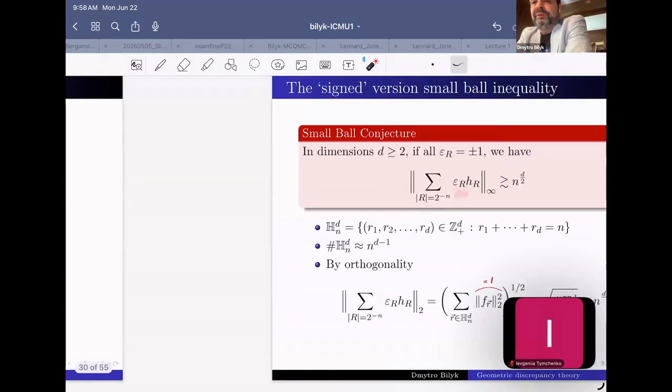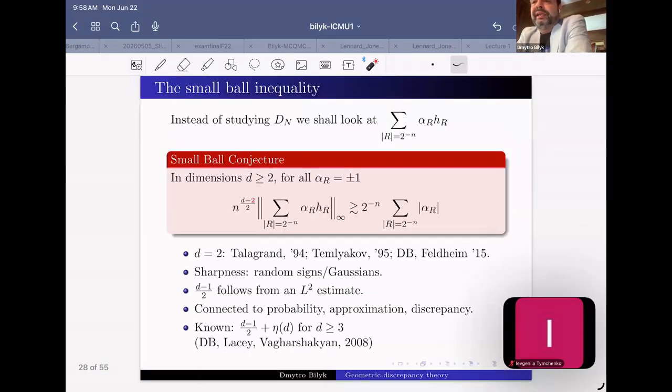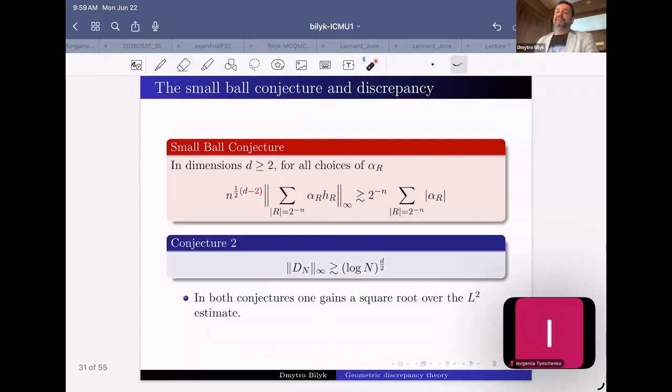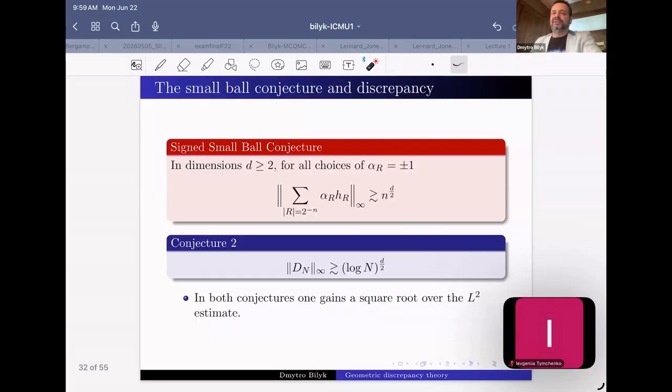Actually, if you take the original conjecture and put plus or minus 1s here and simplify things, check this, this is what you will get. Now maybe you're already recognizing this d/2. It's very easy to see. You use orthogonality and you get (d-1)/2 very easily, but you want d/2 in the conjecture. So this is the similarity between the two conjectures.